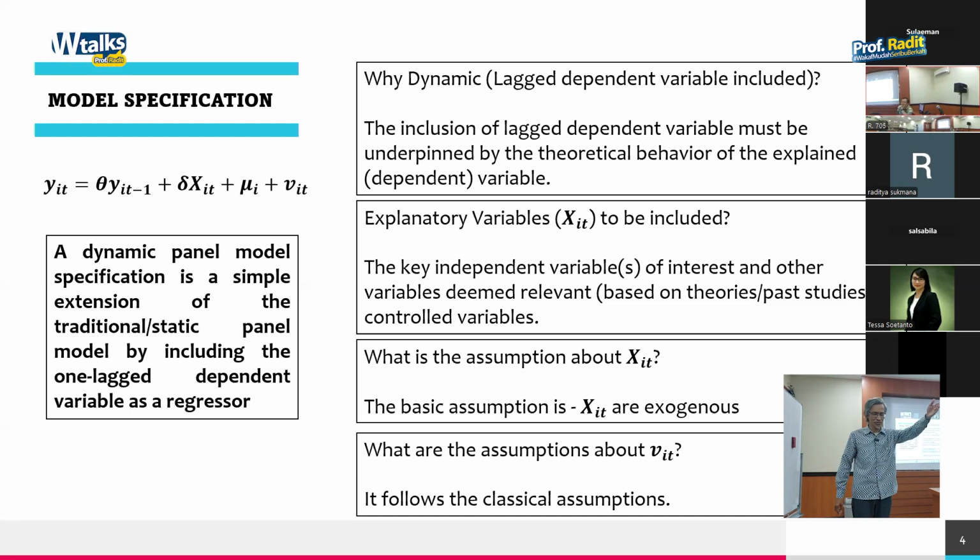For example, Sulaiman wants to look at how climate change affects food security. So climate change must be included as part of the independent variables, right? And in your case, you want to look at the multilateral debt, how it affects economic growth. Multilateral debt must be included because those are key independent variables, right? And the same thing for you, fintech and financial inclusion, how it affects poverty. Those two must be included, right?